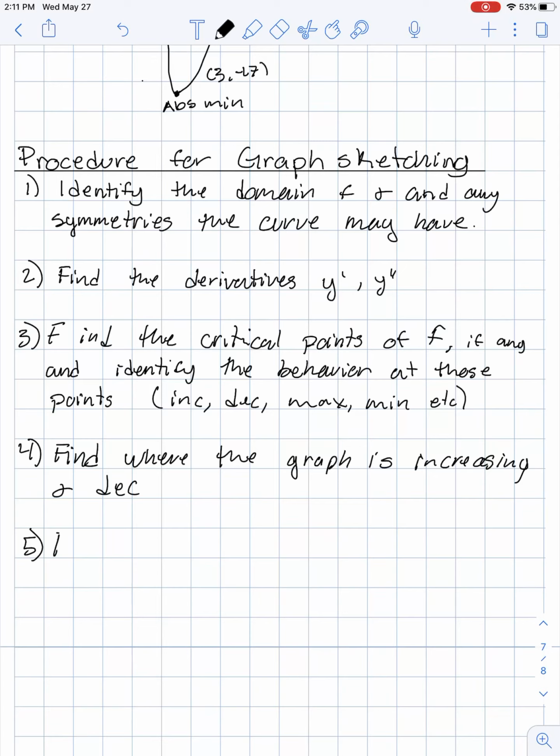So 5 is going to be to find the points of inflection and determine the concavity.